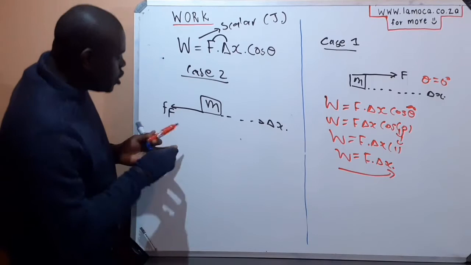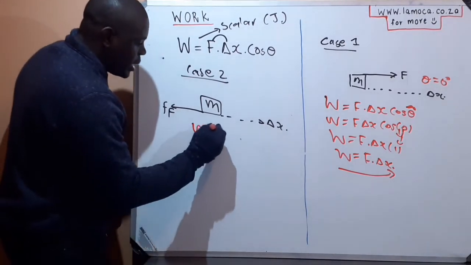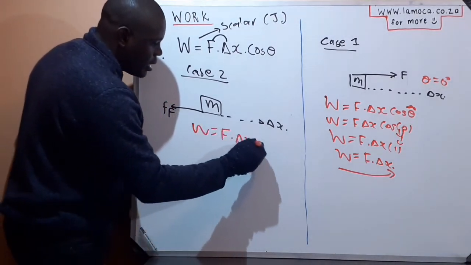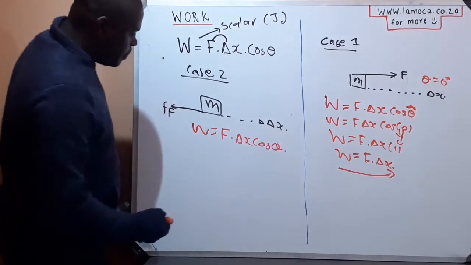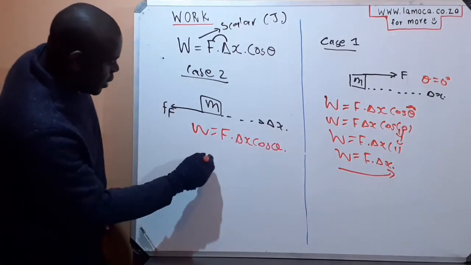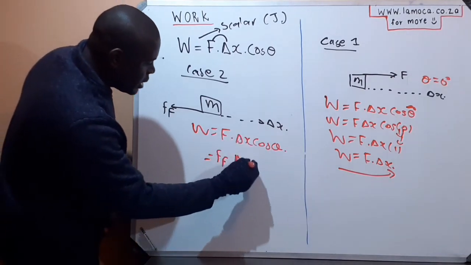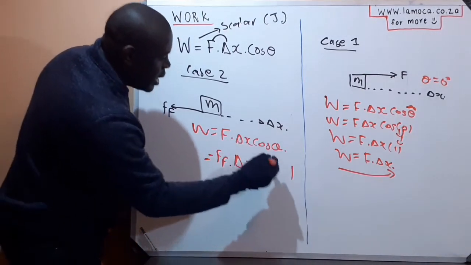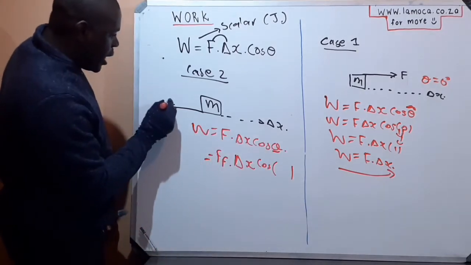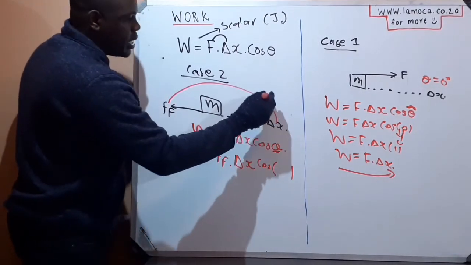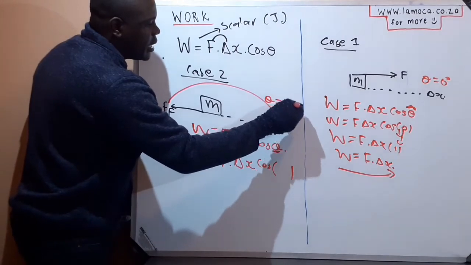Again, our definition of work is F delta X cos of theta. What is our force of interest? Our force of interest is frictional force. The displacement is still delta X. But what is theta? The angle between F and the displacement. Our theta in this case is 180 degrees.